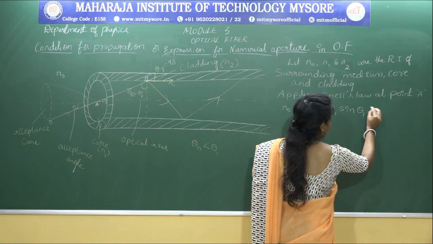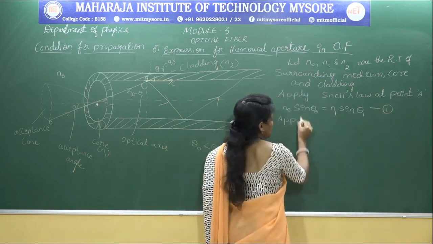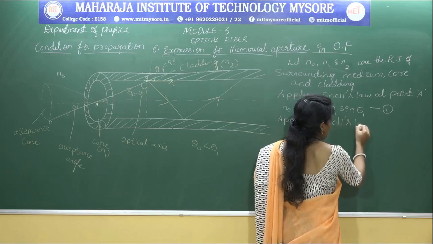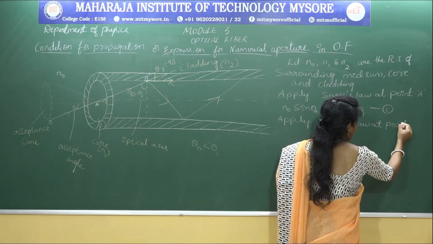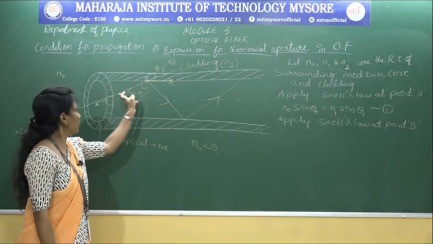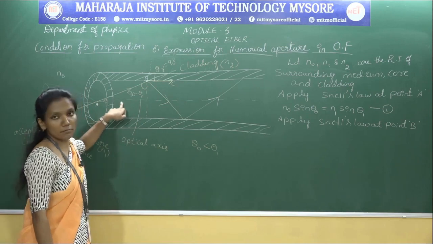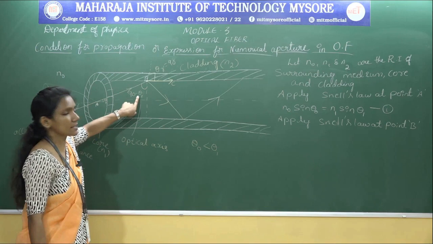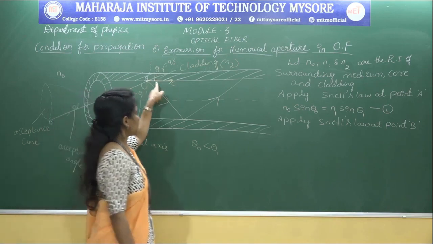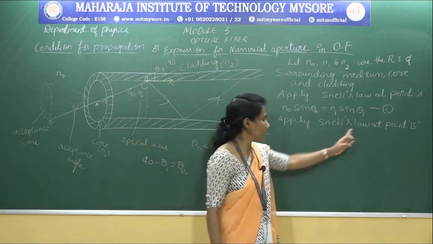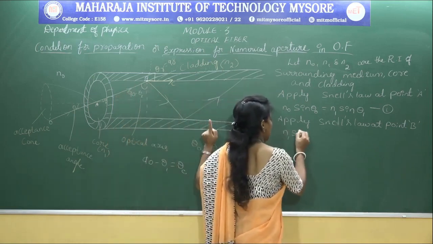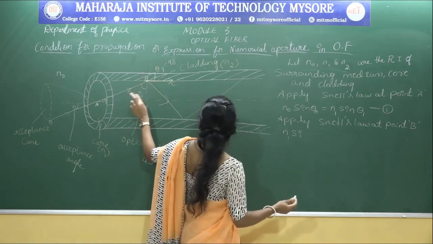Then similarly, apply Snell's law at point B. Now the ray of light is inside the core itself, so we write n1 sin of the angle it forms at point B, which is 90 minus theta 1.